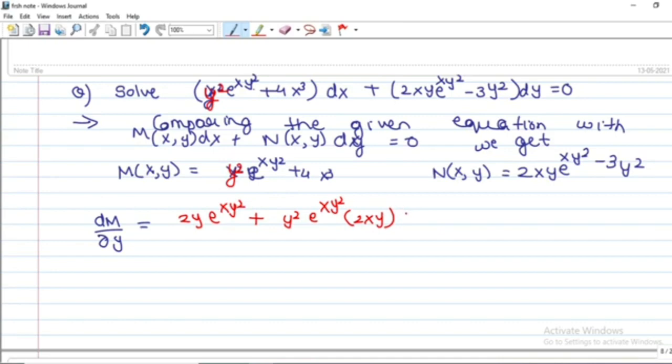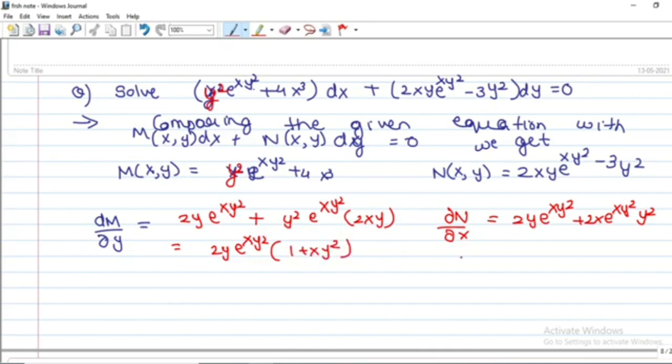Now this thing will not be differentiated, and if we differentiate this with respect to x, we will be left with first 2y e power x y square, secondly 2x e power x y square into y square, and this will become 0. So if we simplify, what are we going to get? 2y e power x y square, take common, we are left with 1 plus x y square.